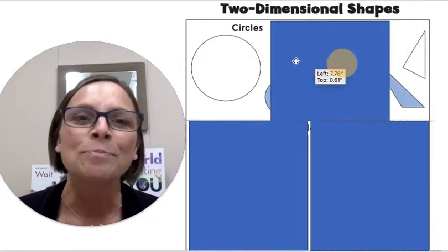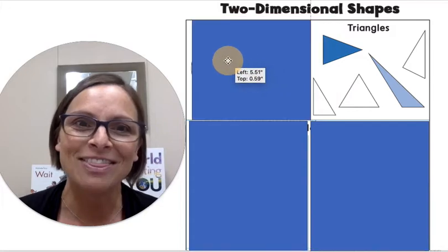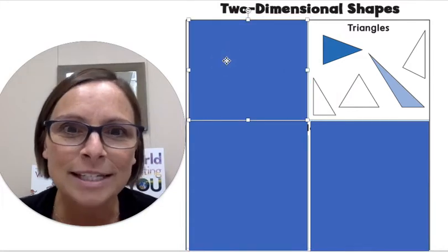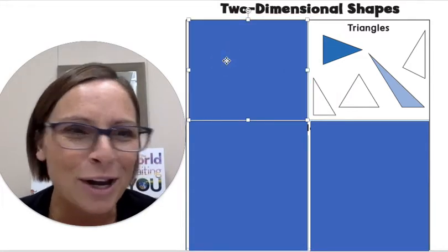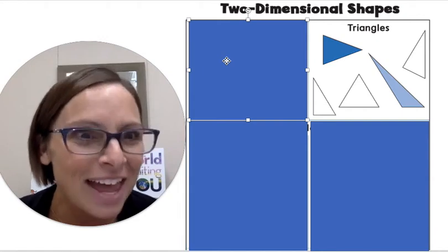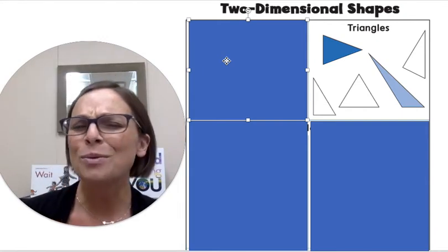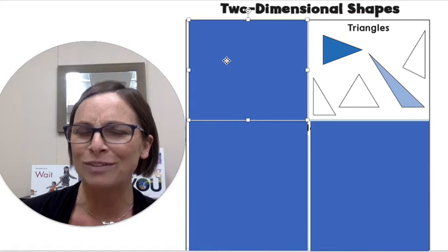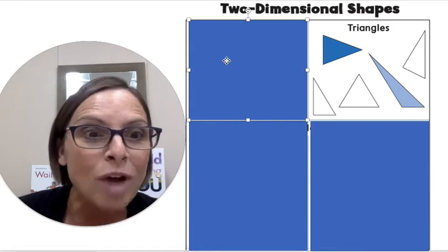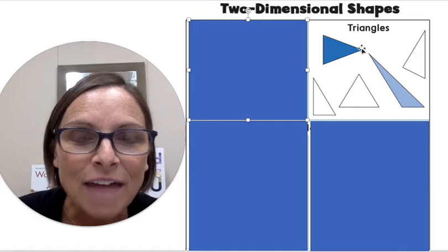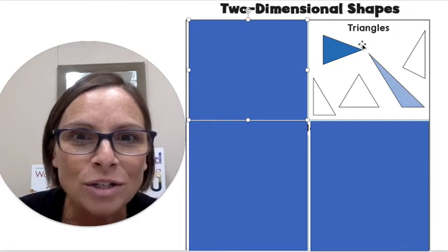Well, let's now take a look at these. Let's study them. What are they? They are triangles. Now, what is the same about all of these triangles? That's right. They have 3 vertices. 1, 2, 3.